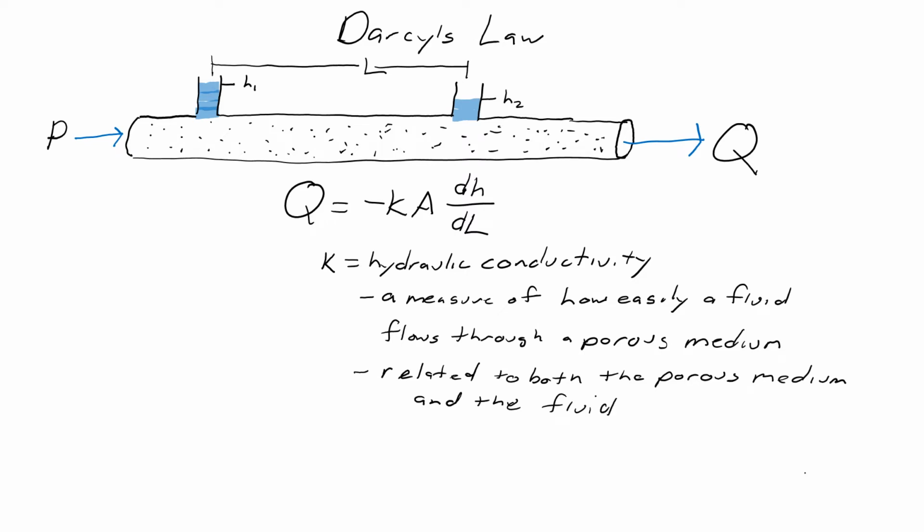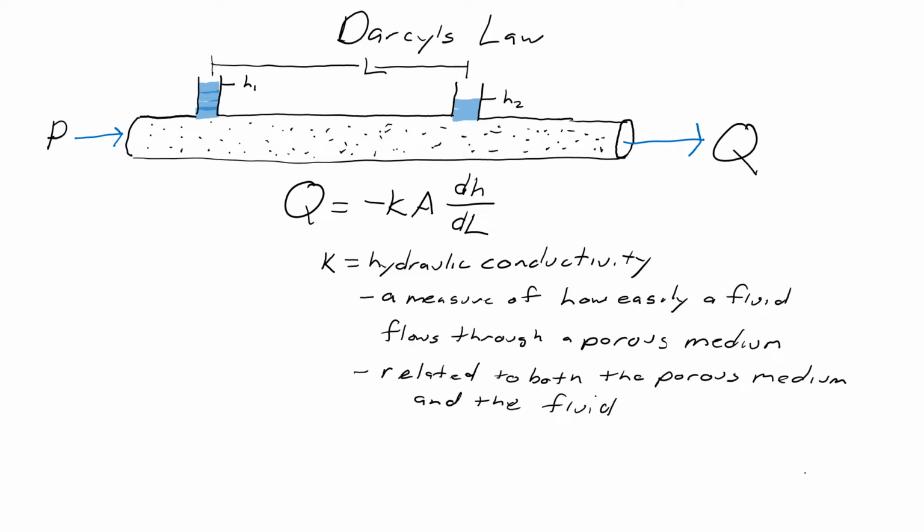So sometimes he would keep the material in the tube the same, but change the liquid that he would pump through. Instead of water, maybe he'd pump through petroleum. And the Ks were different depending on what was in the tube and what fluid was being pumped through it.